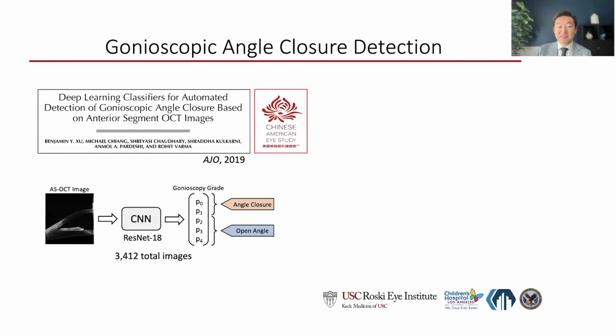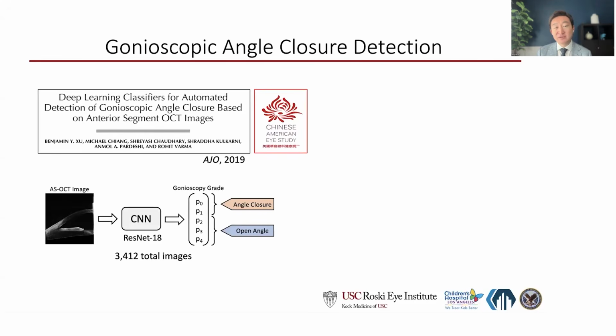And here we used data from the Chinese American Eye Study, again, to develop an AI model for automated detection of gonioscopic angle closure. The way that we developed this model is that we took about 3,400 AS-OCT images that were paired with gonioscopy grades provided by a human clinician who had performed manual gonioscopy on all of these patients as part of the Chinese American Eye Study.